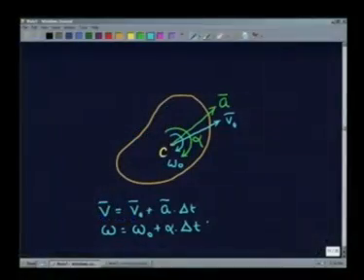So, therefore, we can proceed ahead and get the velocity at any instant of time if we know the initial conditions, because of these linear and angular accelerations.